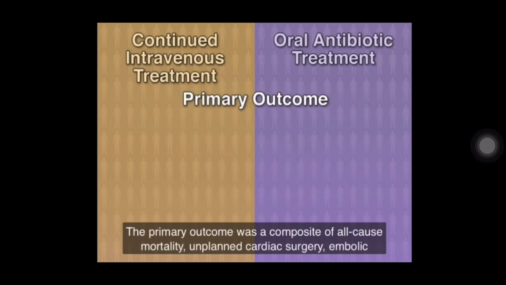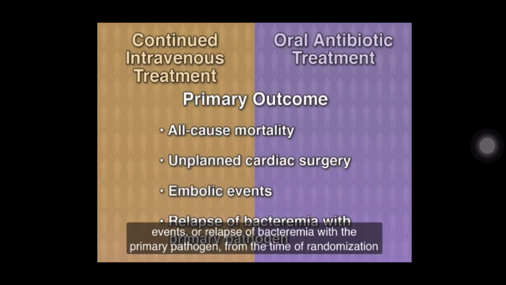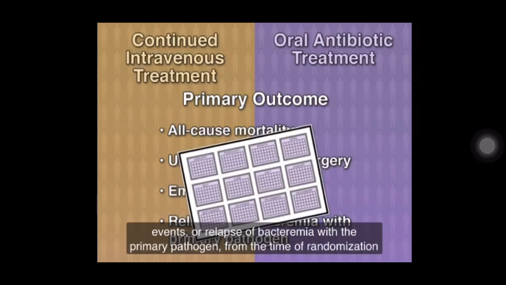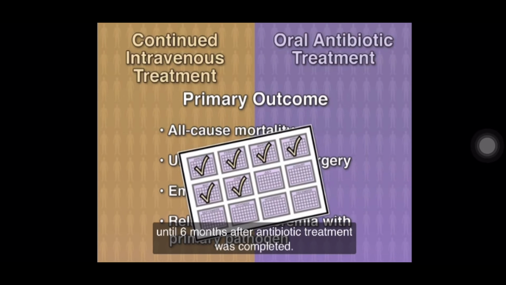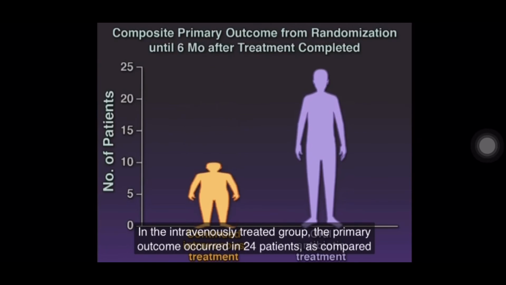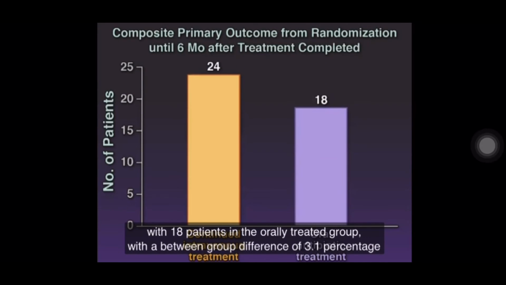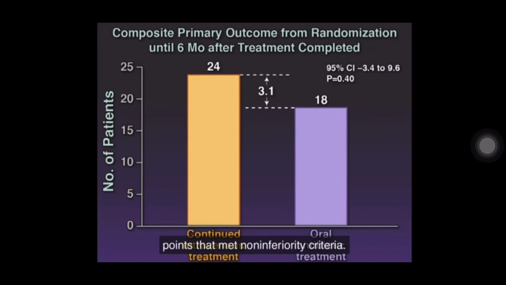The primary outcome was a composite of all-cause mortality, unplanned cardiac surgery, embolic events, or relapse of bacteremia with the primary pathogen, from the time of randomization until 6 months after antibiotic treatment was completed. In the intravenously treated group, the primary outcome occurred in 24 patients, as compared with 18 patients in the orally treated group, with a between-group difference of 3.1 percentage points that met non-inferiority criteria.